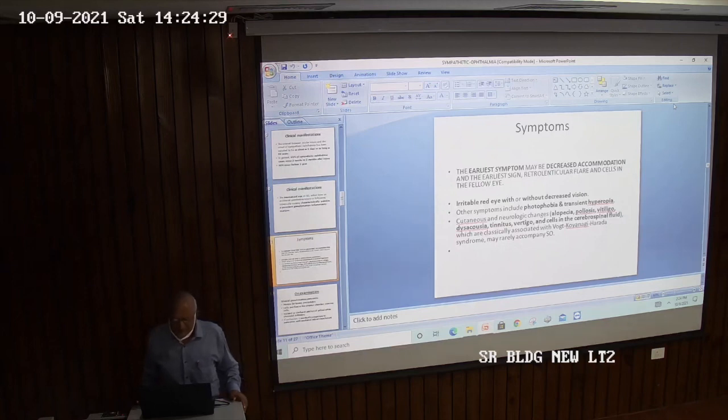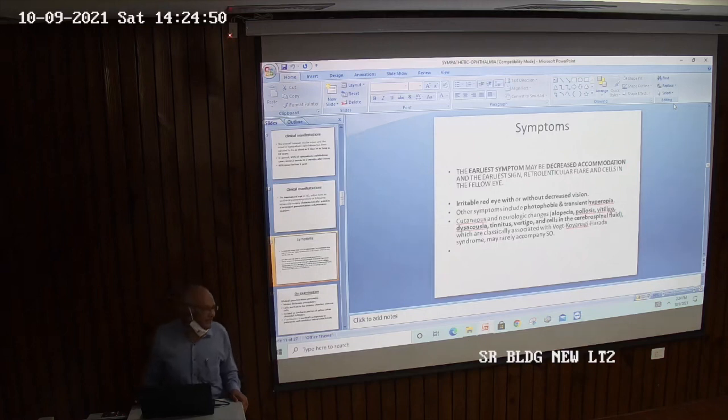Cutaneous and neurological changes can also occur: alopecia, scoliosis, vitiligo, dysarthria, tinnitus, vertigo, and cells in the cerebrospinal fluid, which are classically associated with Vogt-Koyanagi-Harada syndrome, and are rarely accompanied by sympathetic ophthalmitis.